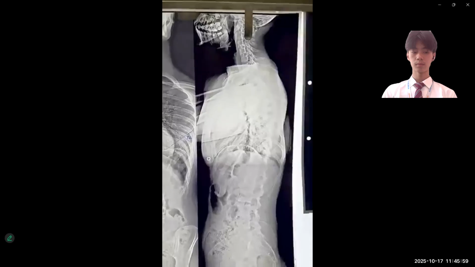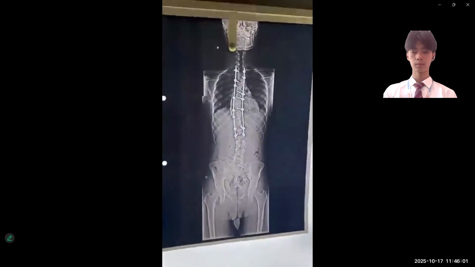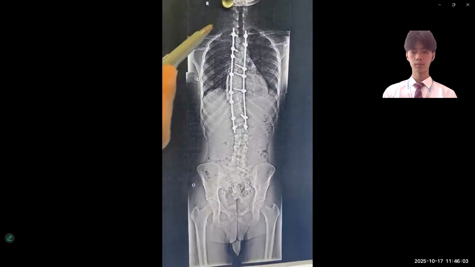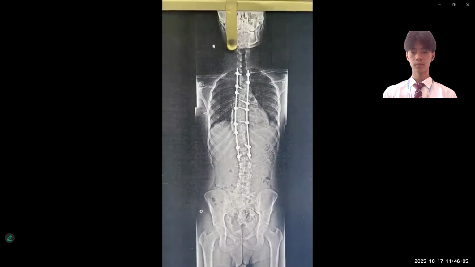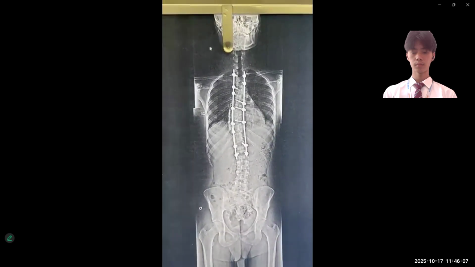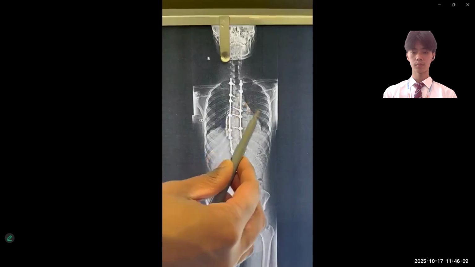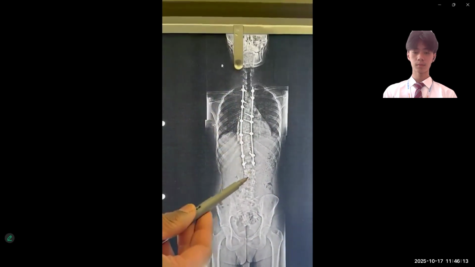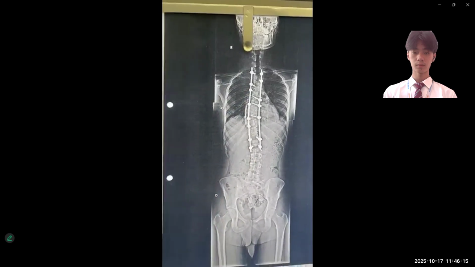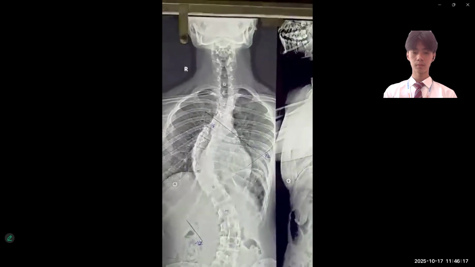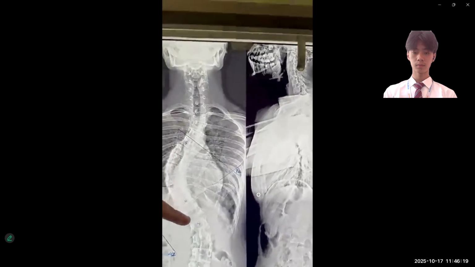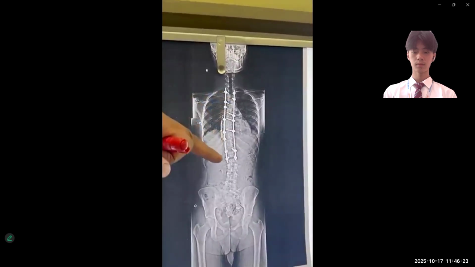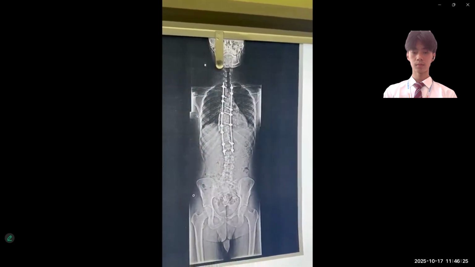We operated this boy 1 month ago and you can see the correction in the scoliosis. This 71-degree curve is corrected to almost a 9-degree curve, and there is a complete correction of the scoliosis. You can see how the bend was there before, and now after correction this curve has completely corrected.